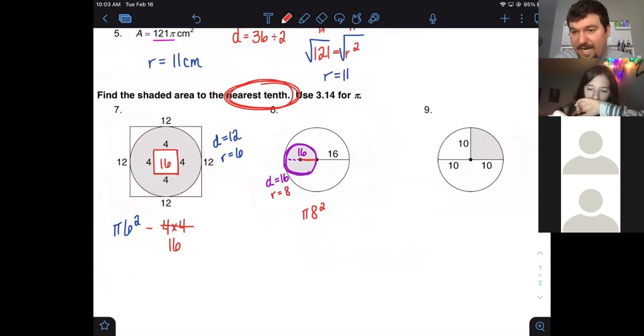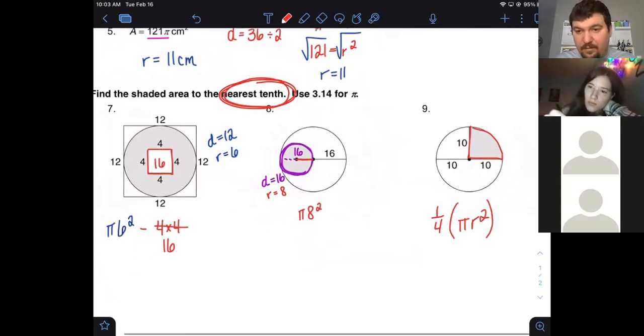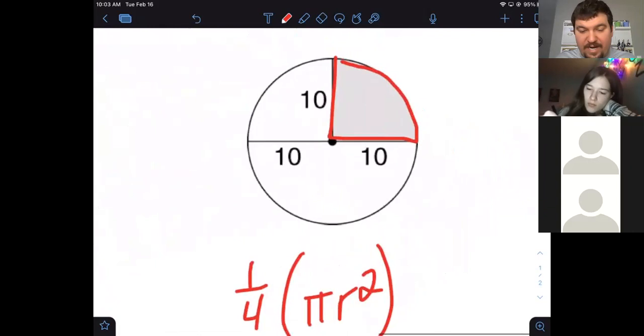And then number 9, much like our homework question we looked at, the portion of the circle that's shaded in here is just a quarter circle. So do the area of a full-sized circle, but then divide your answer by 4, or take a fourth of it. I'd probably just divide it by 4. That'd be the easiest thing to do. So for number 9, they give you the radius.